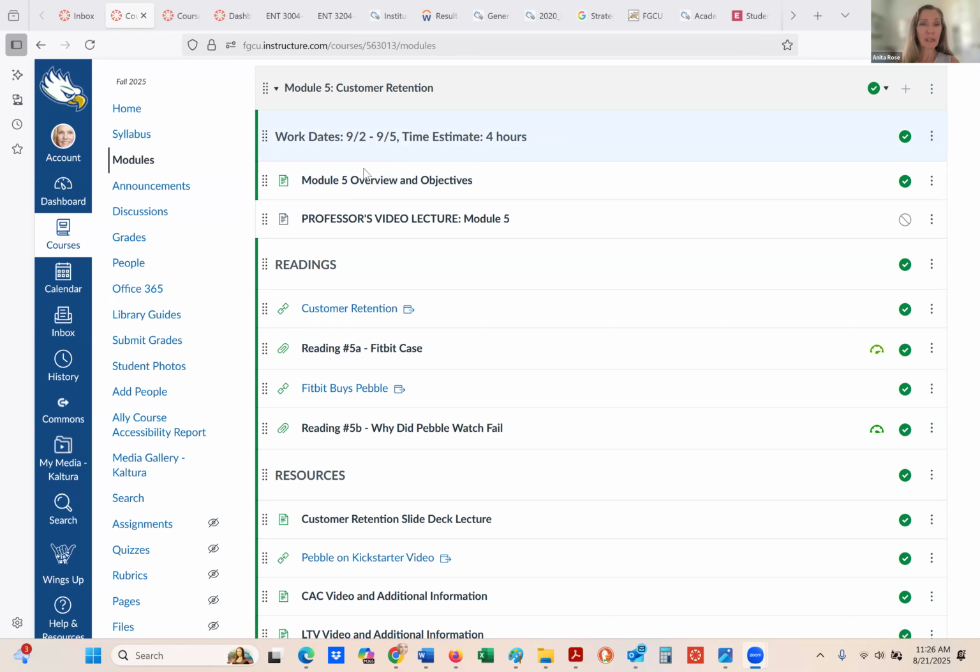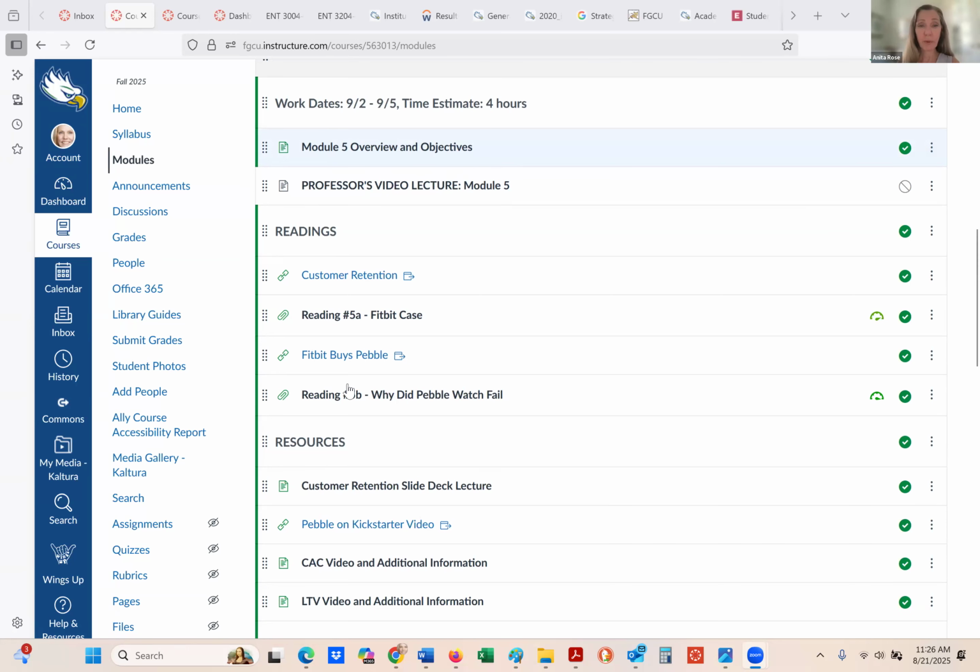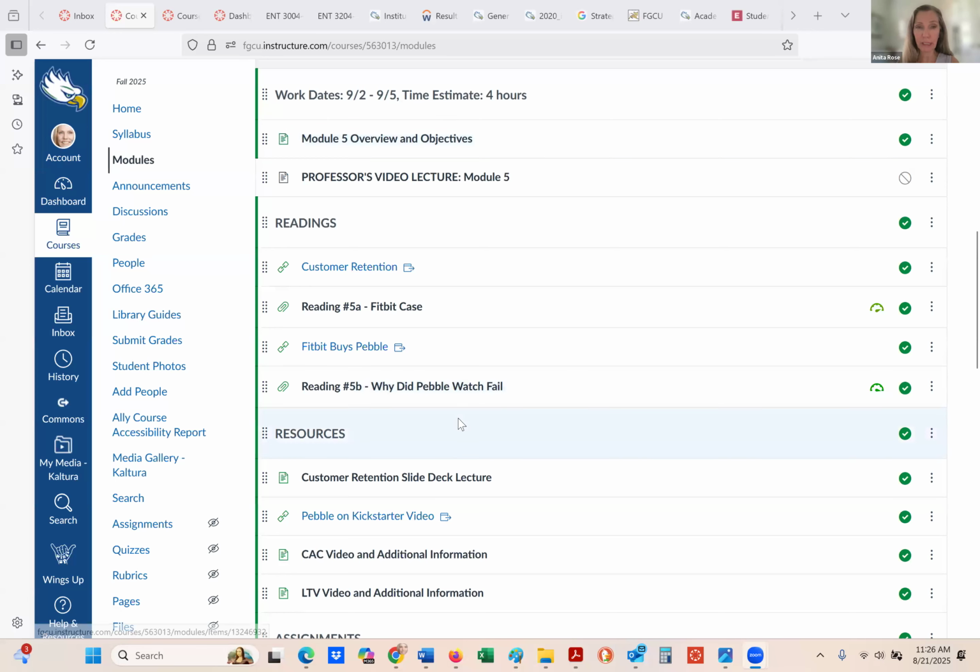All right, so here we have our overview and objectives and how the unit and module objectives align with the course content. We have our readings. We have 4 different readings. They're not very lengthy. We definitely have the case study, but we have other additional information here. So here is a brief reading on customer retention.